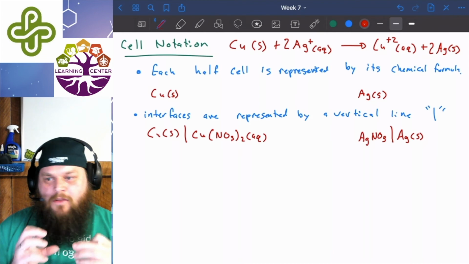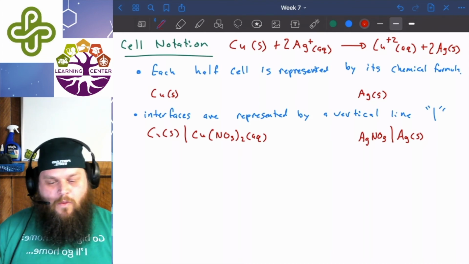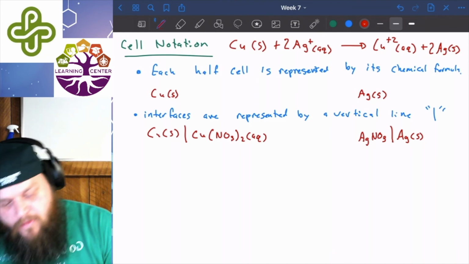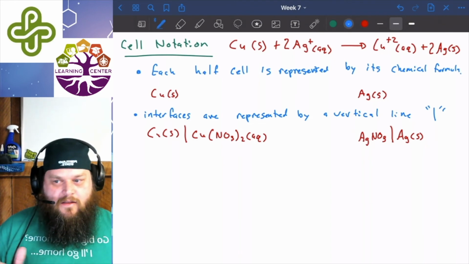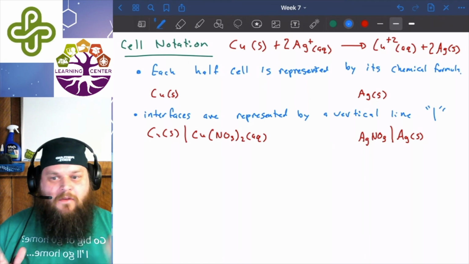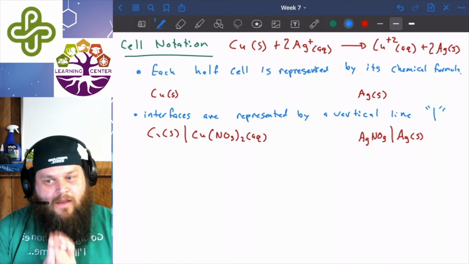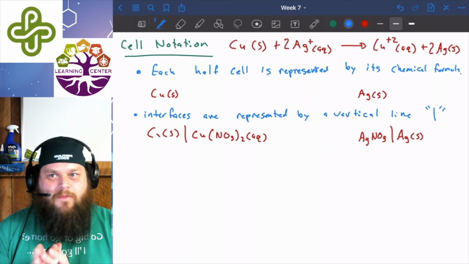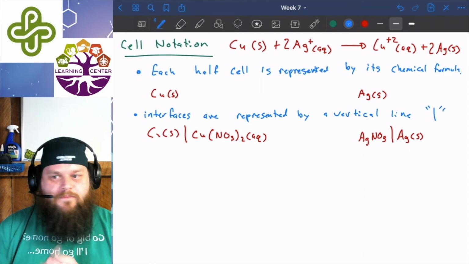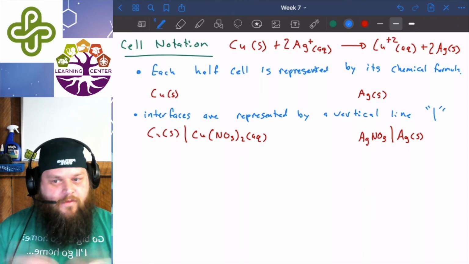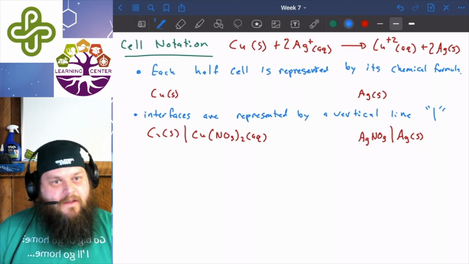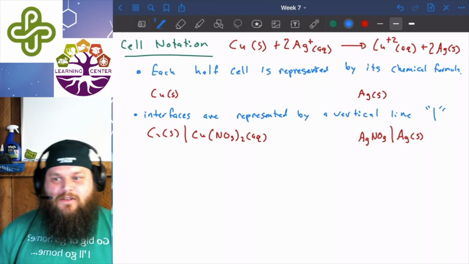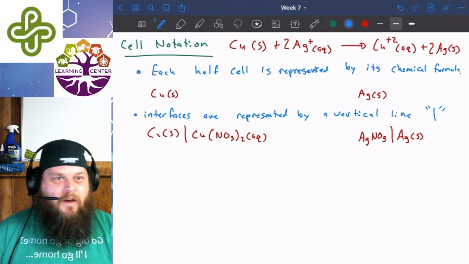We combine those together with a double line in the middle. And then basically the last step is to write it from left to right, anode to cathode, and then separating it by that double line. I like to think of that double line representing the salt bridge between them, because that salt bridge feeds both of them back out. But what that salt is made out of doesn't matter nearly as much, because it's usually just going to be some spectator counter ion balancing the charge of both of those solutions.